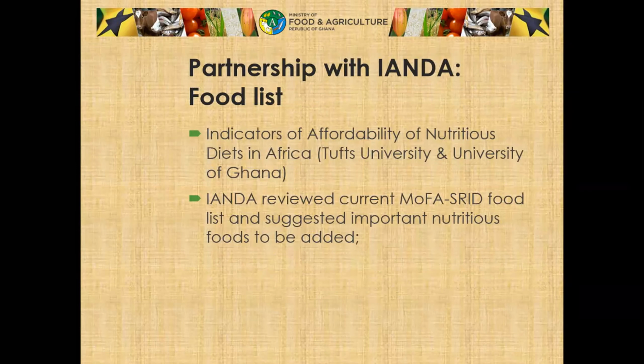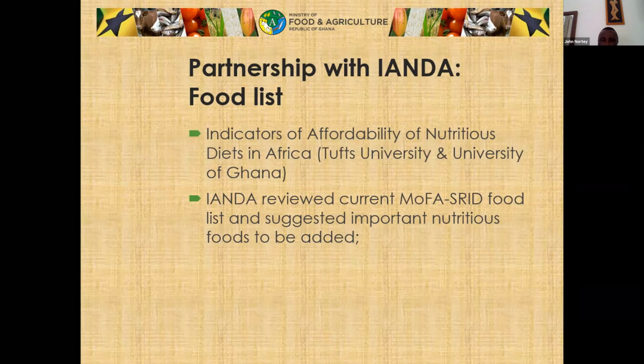Then along the line came IANDA. IANDA stands for Indicators for Affordability of Nutritious Diets in Africa. It's a collaboration between Tufts University and the University of Ghana, who took a look at our commodity list and realized there were some shortfalls.